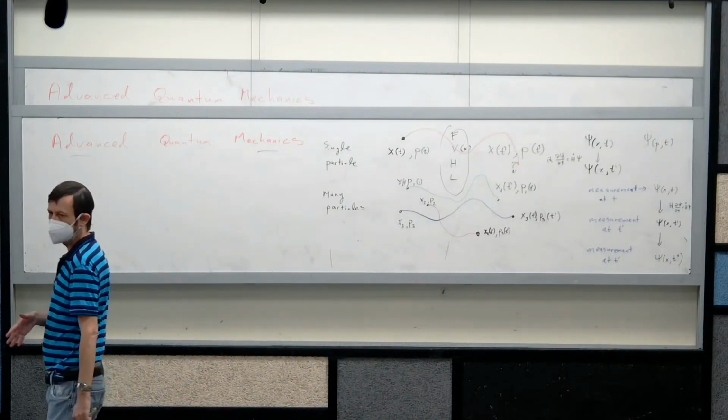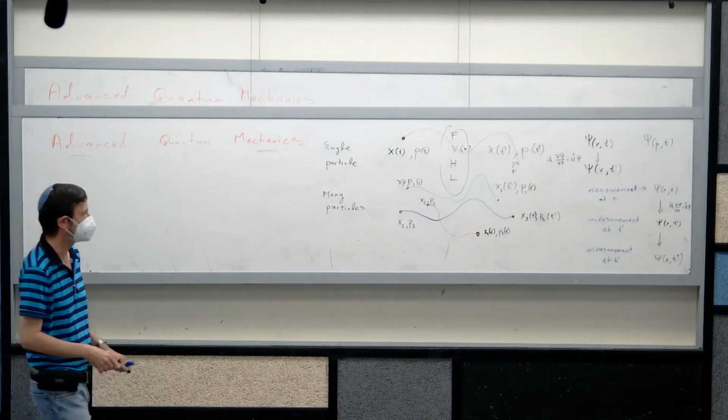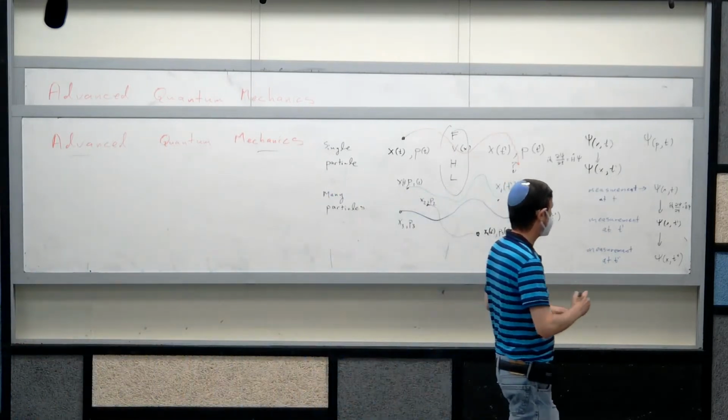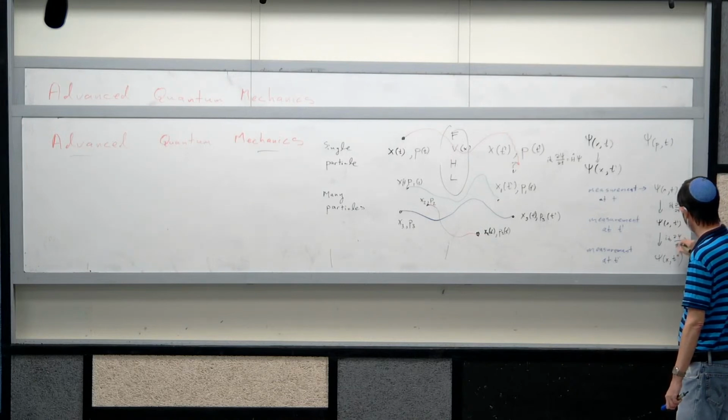It will change the wave function. I can continue, and again, it's a probability. This develops this time evolution between t prime and t double prime.